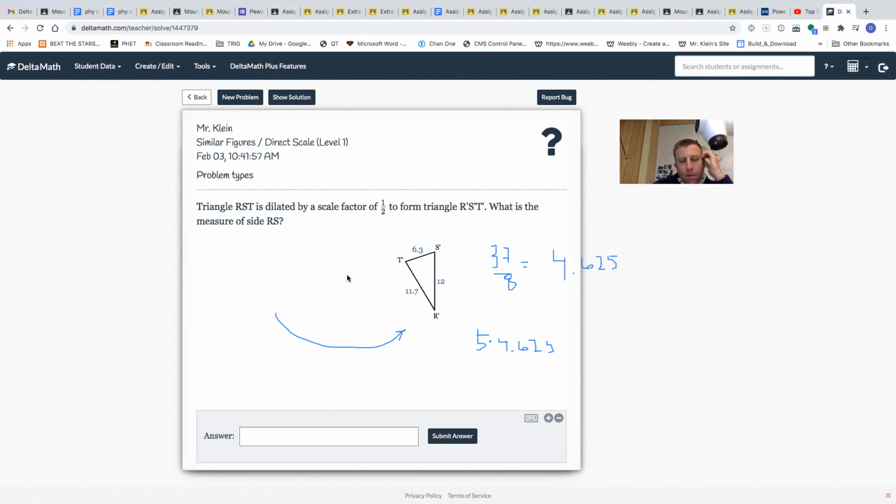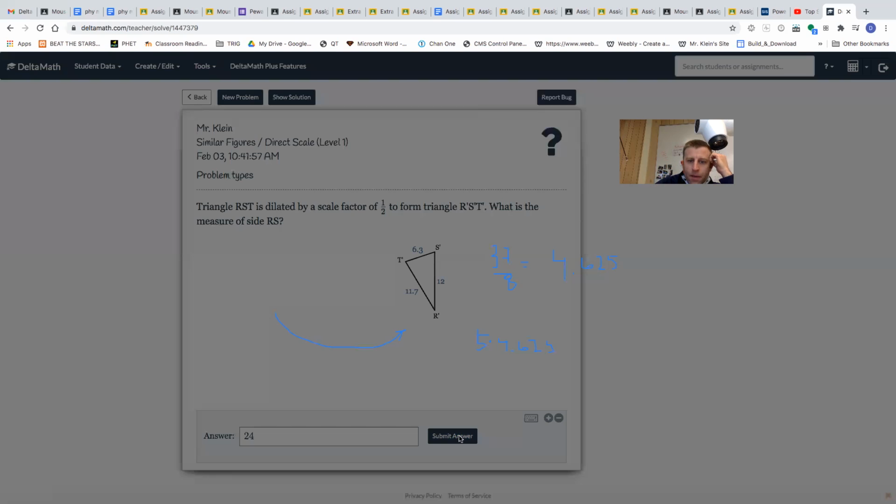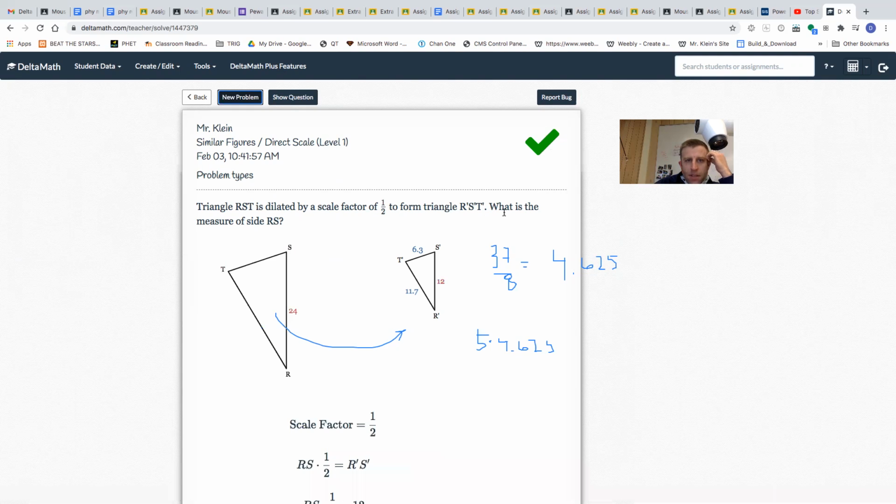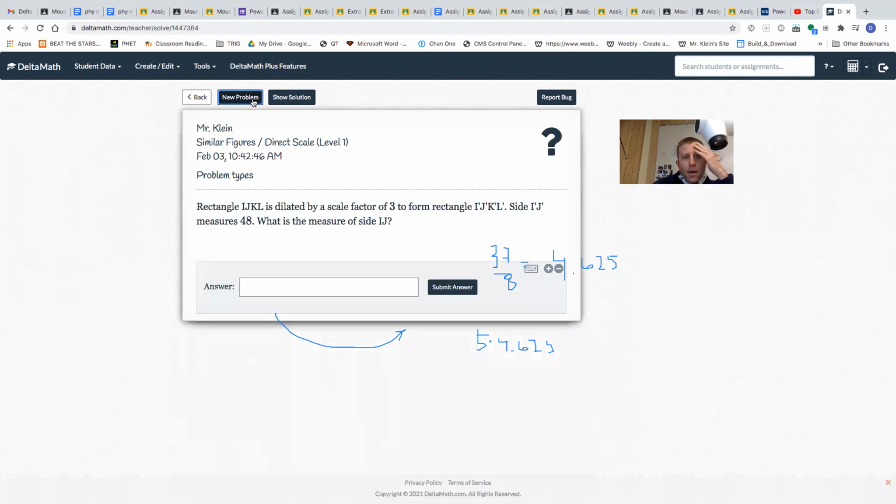You got to think backwards. If it's a scale factor of a half, that means this should be half of the original one. So really you're going to multiply by 2. So for RS, I'm just going to do 12 times 2, get 24. So it's still just scale factor. You just got to be a little careful on how it's worded there.